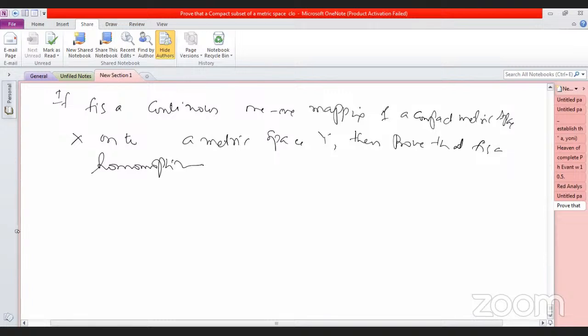See here, the definition I'm writing here. A continuous bijective function.